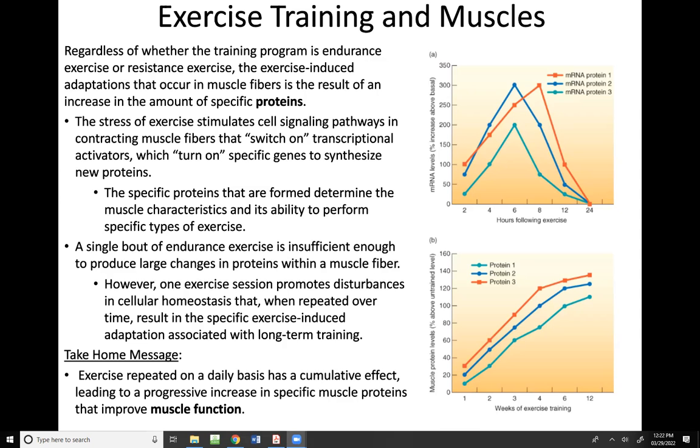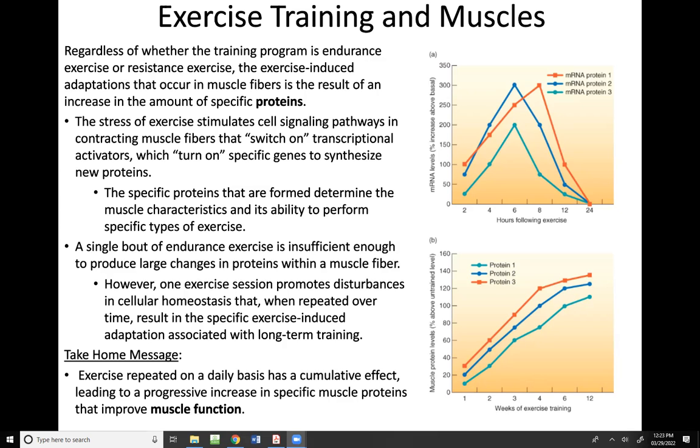But one exercise session promotes disturbances in cellular homeostasis that, when repeated over time, result in the specific exercise-induced adaptations associated with long-term training. And that's evident here with the bottom graph that shows 12 weeks of training, where we have produced a significant amount of these 3 proteins, and these proteins are therefore going to hopefully improve the performance of that specific muscle.